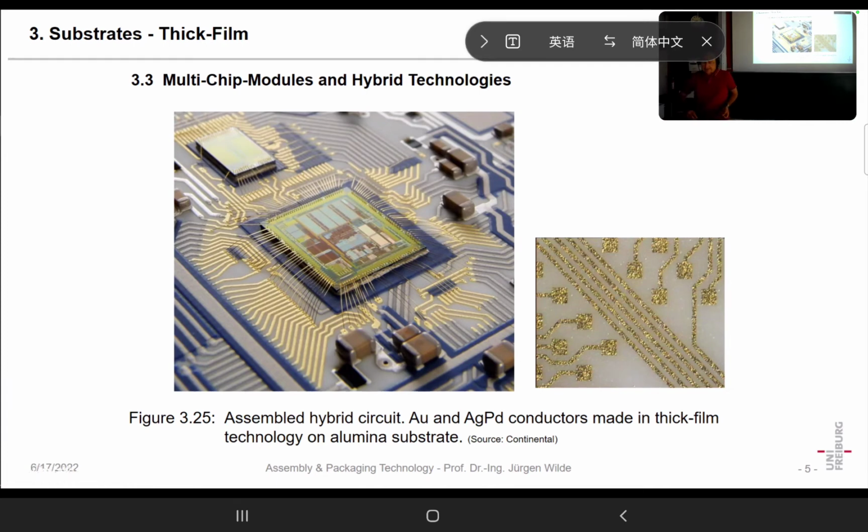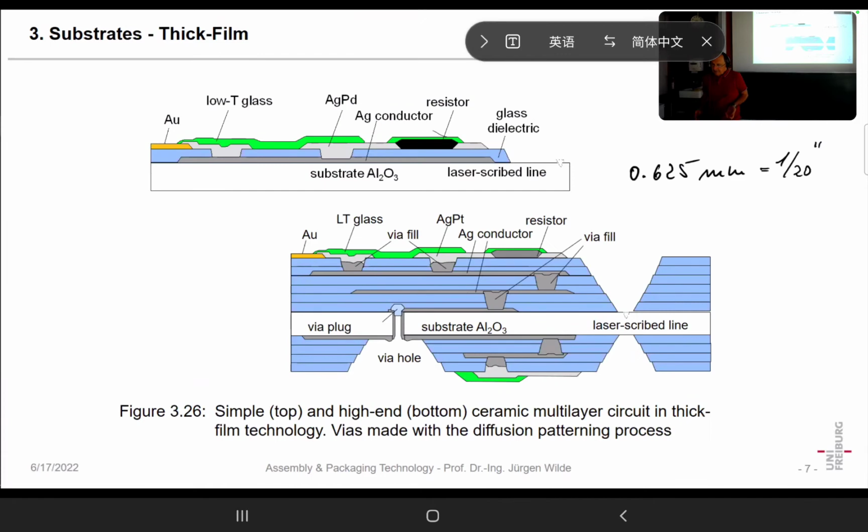So that is a technology for combining several highly integrated chips on one substrate without having a package for each individual chip.